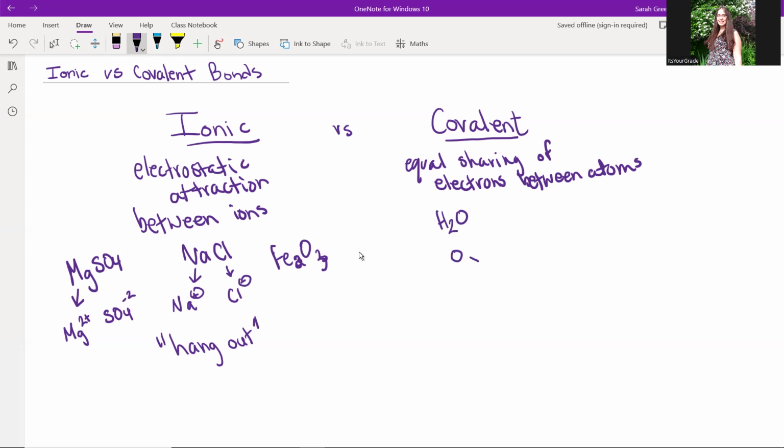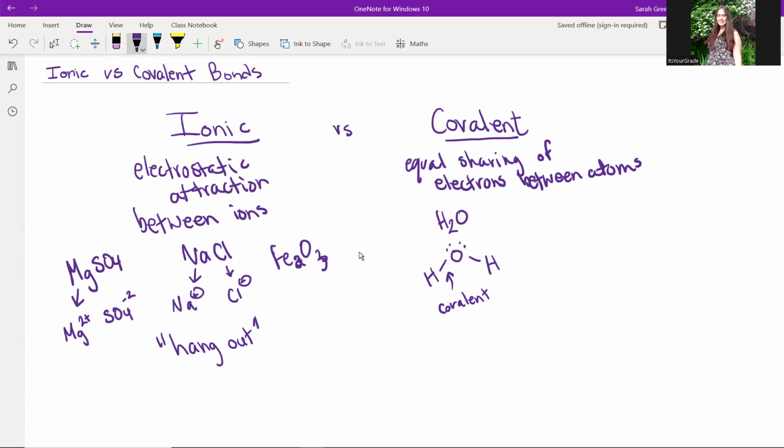And in later videos, we will also learn how to do Lewis structures, which allow us to know how the electrons go together with atoms to form these types of structures, as I've drawn here for water. So the bond between the hydrogen atom and the oxygen atom, that is your covalent bond. And the oxygen and the hydrogen are equally sharing electrons, where a covalent bond is composed of 2 electrons.